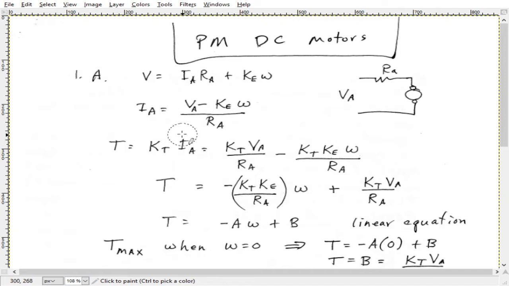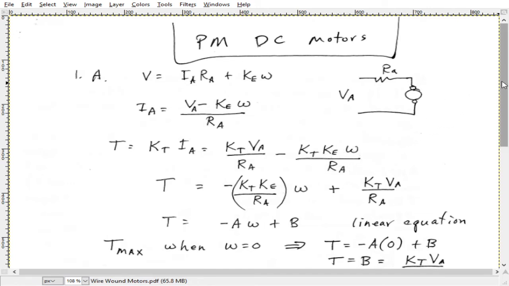Here I've taken this equation and multiplied everything by KT, and so what we end up with is KT times the applied voltage divided by the armature resistance, minus the product of the torque and electrical constants times the rotational speed. In this particular case we're talking about radians per second, and then that's all divided by RA.